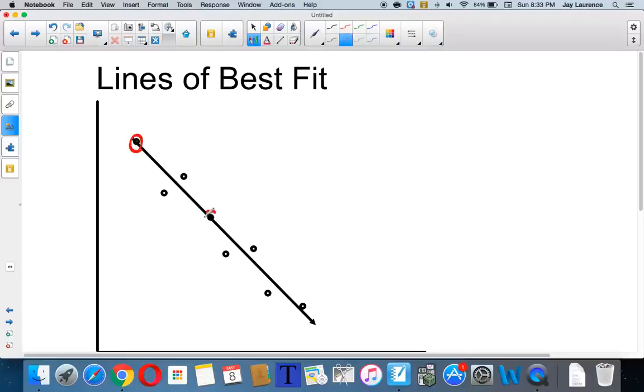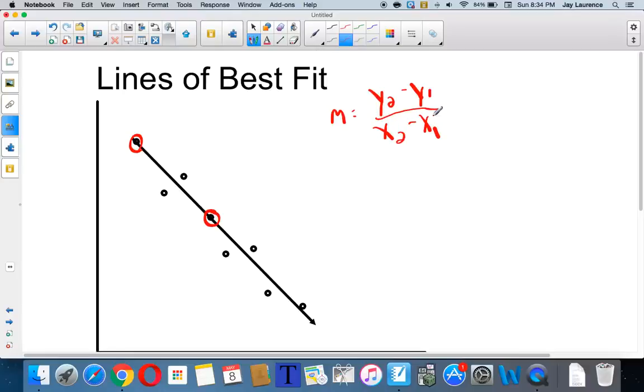And this point here. And in that case, I would use the formula y sub 2 minus y sub 1, over x sub 2 minus x sub 1. And that would give me the equation of the line.